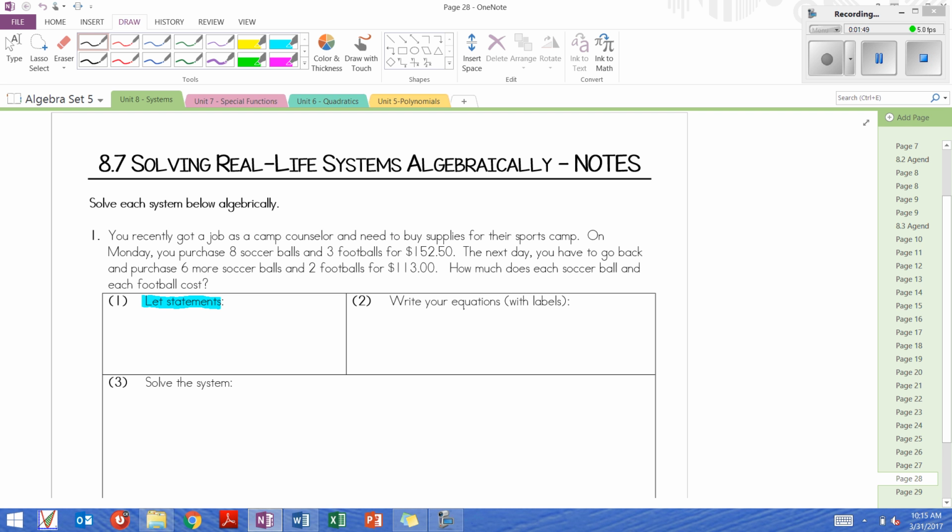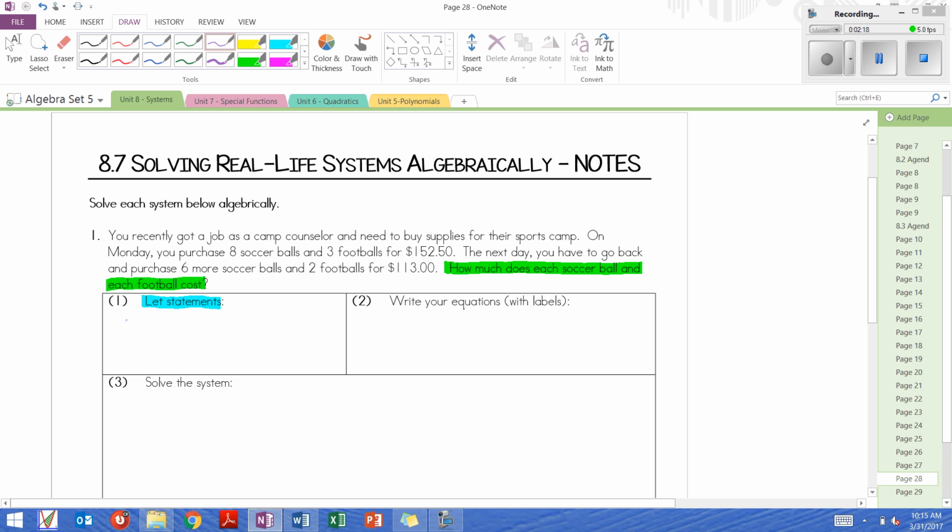So on Monday and the next day, you're purchasing soccer balls and footballs for different prices because you buy different quantities of each on the 2 different days. And then it asks you, as the final question, let's highlight this here, how much does each soccer ball and each football cost? Well, from that sentence right there, I can actually get my let statements.